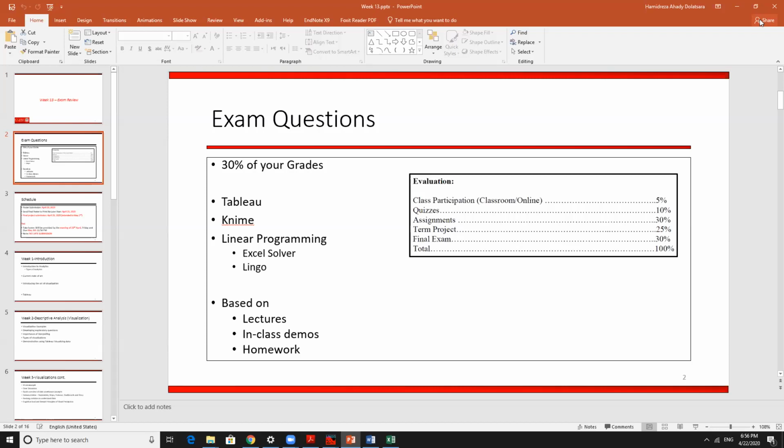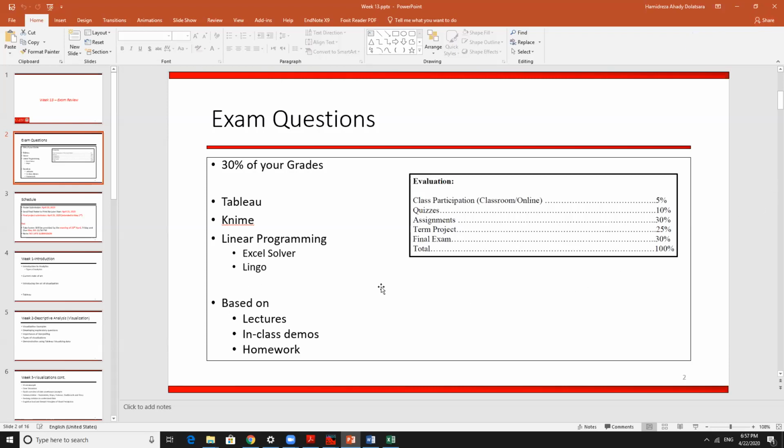For KNIME, you can also do it with Python. Most of the KNIME that we studied was about prediction and clustering, which if you can do in Python, that's fine. And also for Tableau, if you can do the visualization in Python, that's okay.